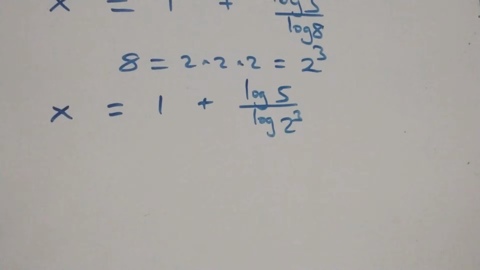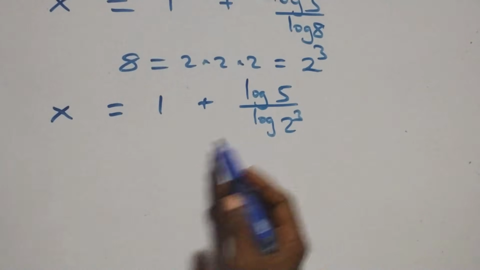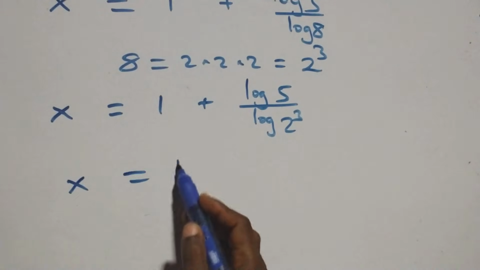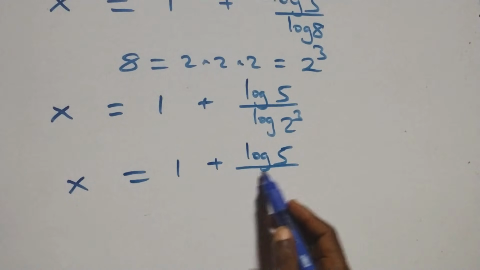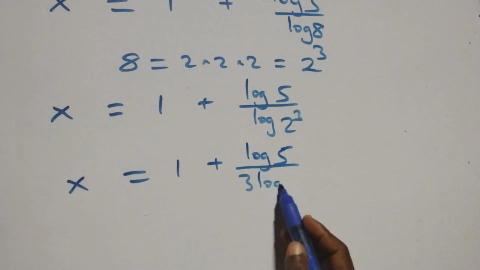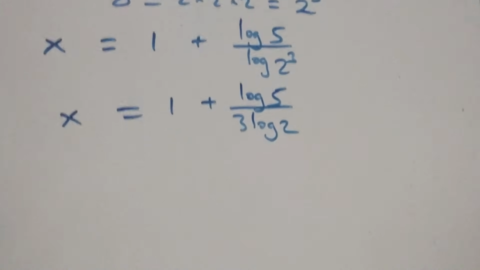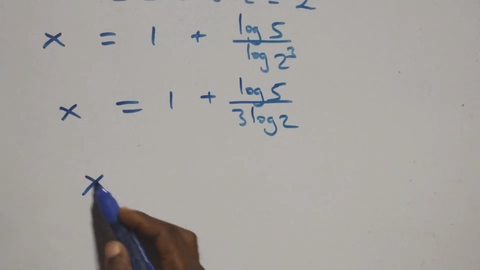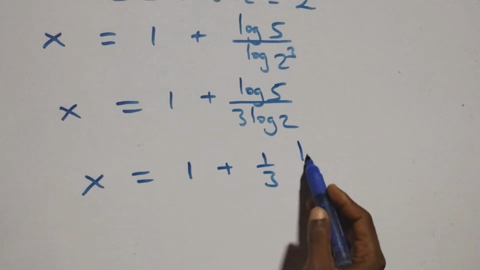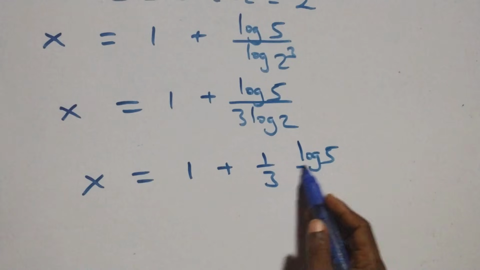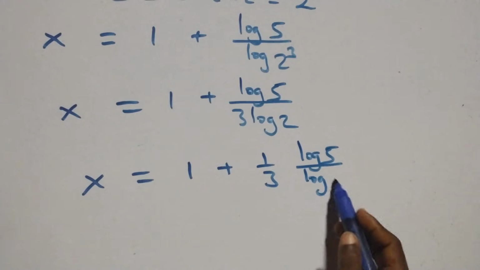We apply the power law of logarithm: 3 comes out, and x equals 1 plus log 5 over 3 log 2, which is the same thing as x equals 1 plus 1 over 3 times log 5 over log 2.